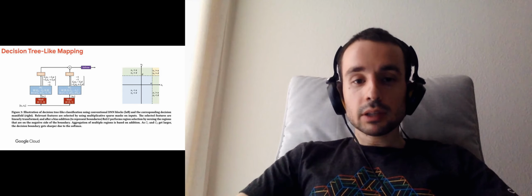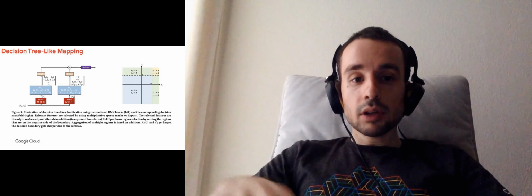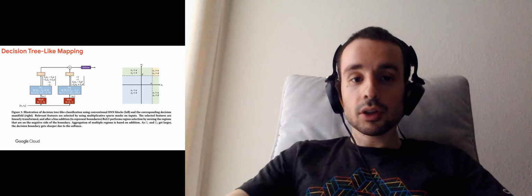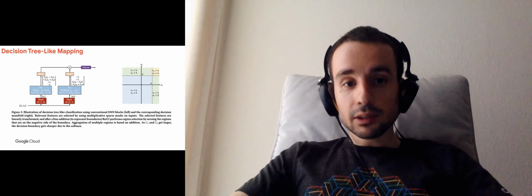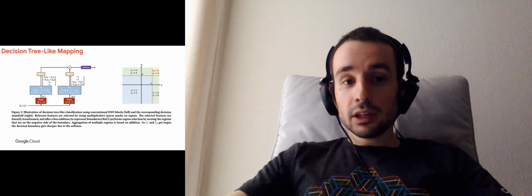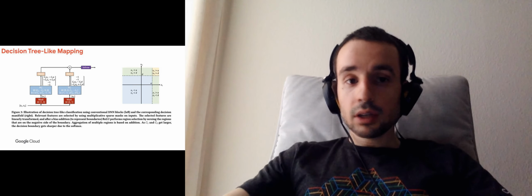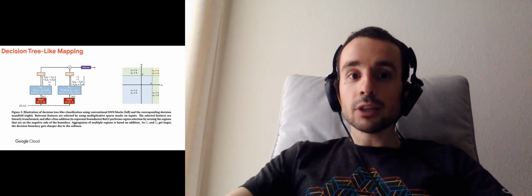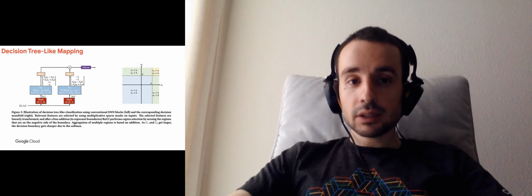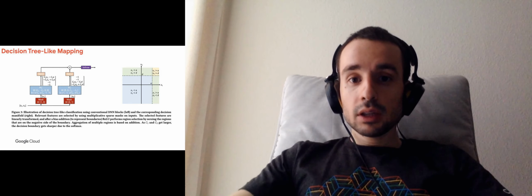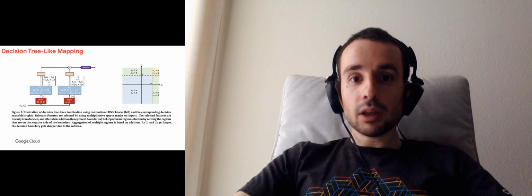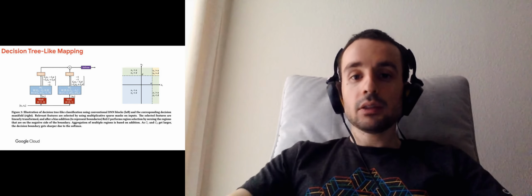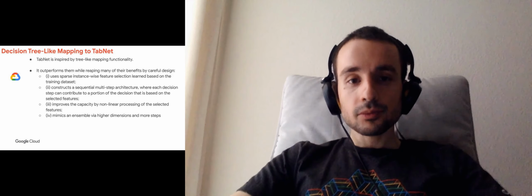Here we have a simple example where we have two features, and on the left we have this architecture, which is composed of multiplicative masking, linear mapping with fully connected layers, then ReLU, then linear aggregation, and then softmax. And we show that by appropriate selection of the model weights, this decision tree-like mapping can be obtained, and we can get these sharp transitions.